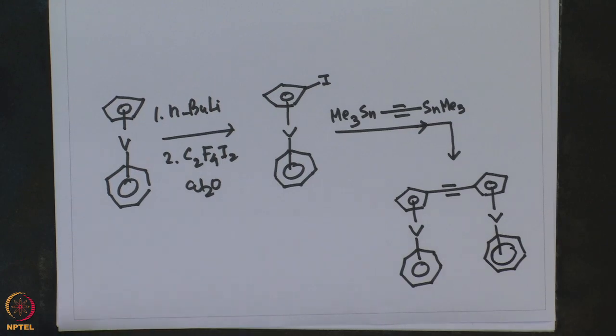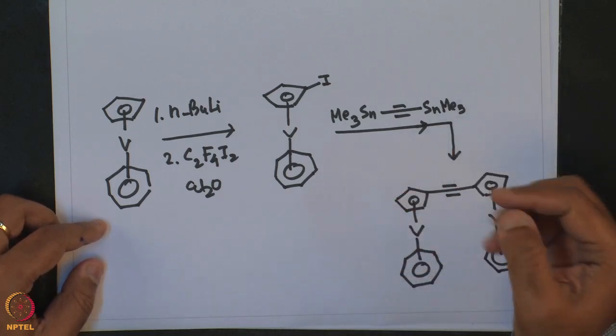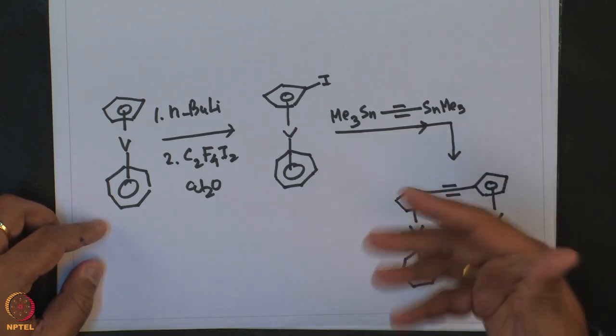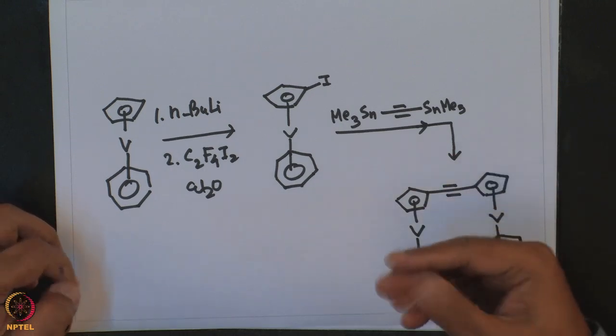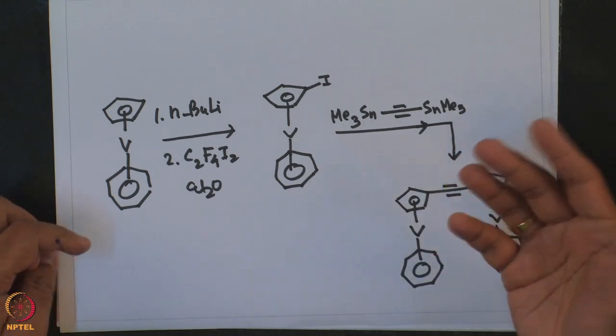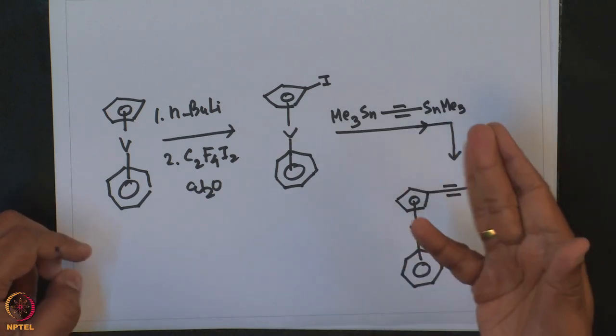As is shown over here, this is a beautiful work of synthetic chemistry where one can form these dinuclear complexes by achieving lithiation selectively on the Cp ring.